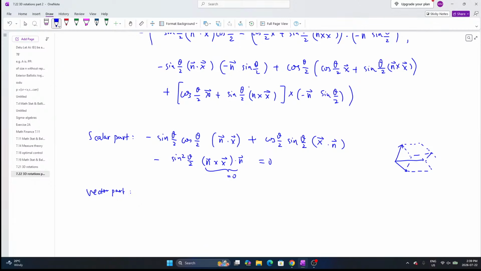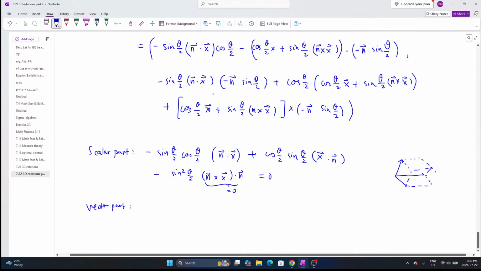Here, the vector part is what? The vector part you get here, you get plus sine squared half theta n dot x times n. So this already looks kind of similar to the Rodriguez formula.